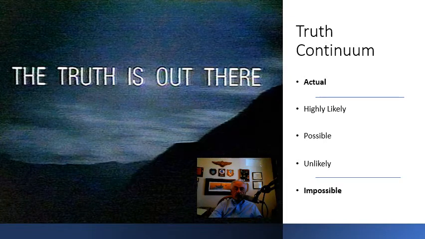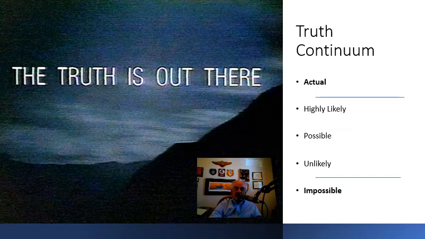The truth is out there. What is, in fact, the truth continuum? The truth continuum consists of things that are actually true, also things that are highly likely to be true, also things for which it is possible to be true, also things for which it is unlikely that this is true.